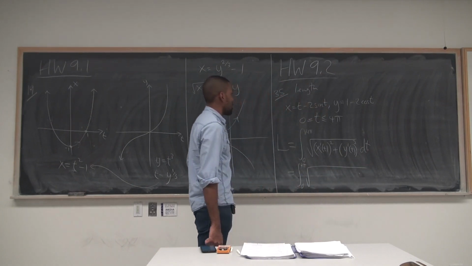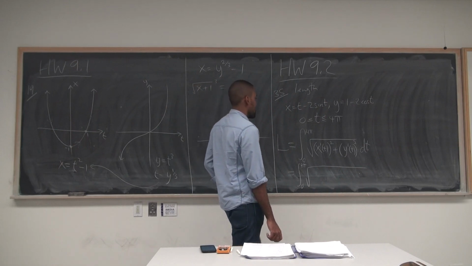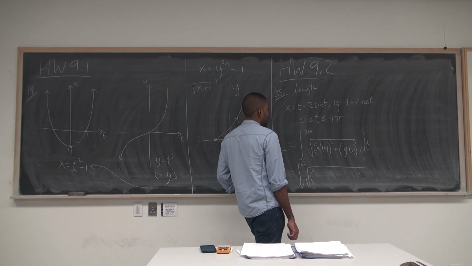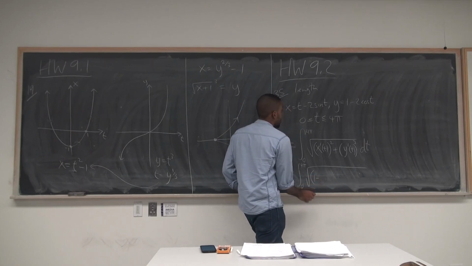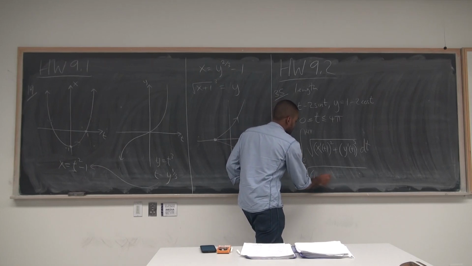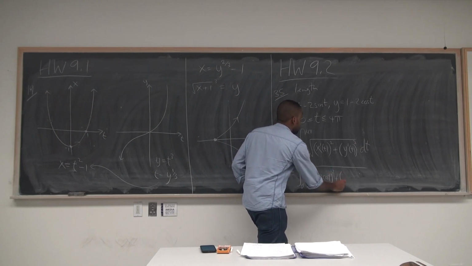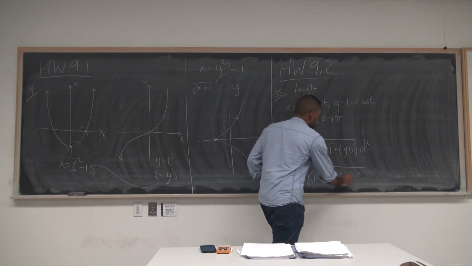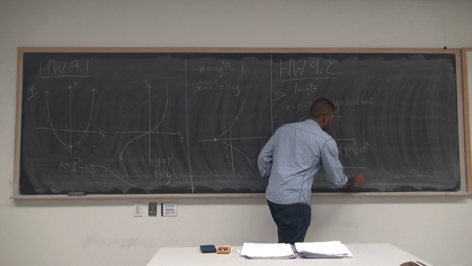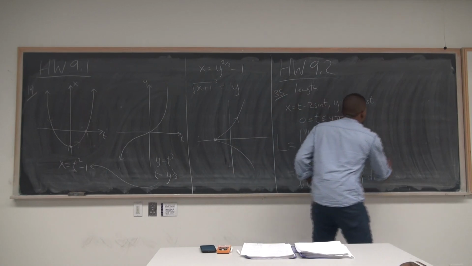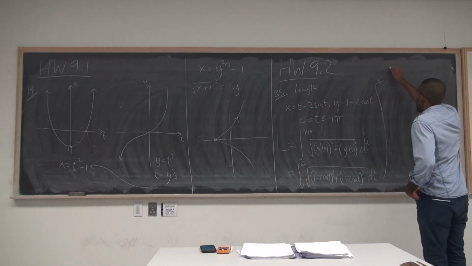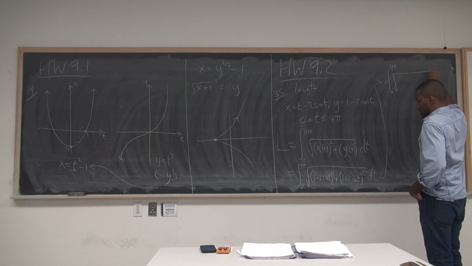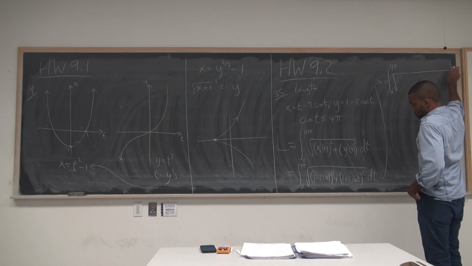And what's x prime of t? X prime is what? 1 minus 2 cosine t. I'm going to square that. Then I'm going to have 1 plus 2 sine t. I'm going to square that. Now hopefully this simplifies to something nice. Why is it 1 plus this? That's just a 1.